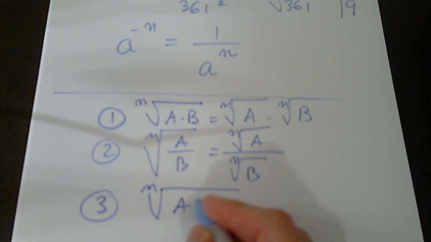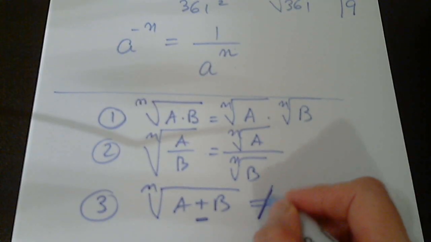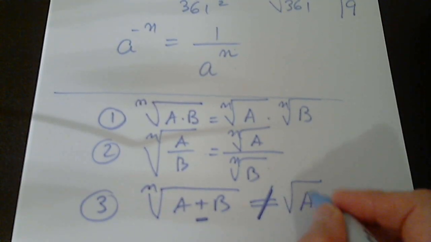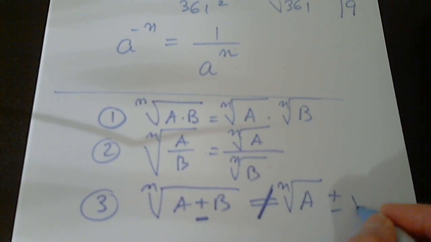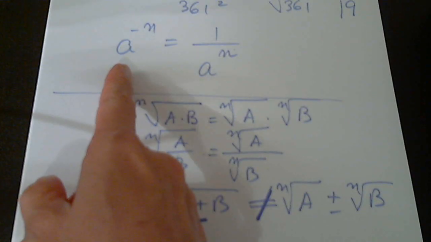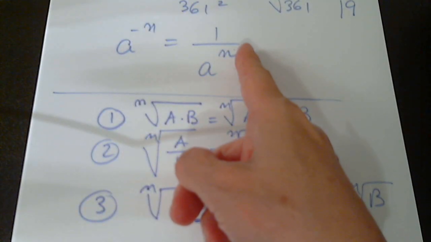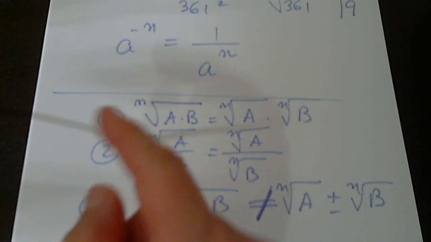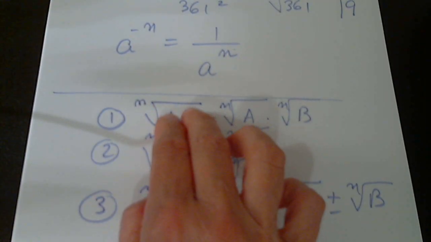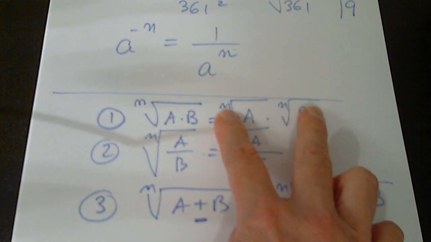But we also wrote this. Any index of a sum or difference never changes into anything, plus or minus. So you can remember it very easily. Anything with a negative exponent is a fraction. Please remember that. Anything that a radical is on top of a product, it can be written as the product of radicals.